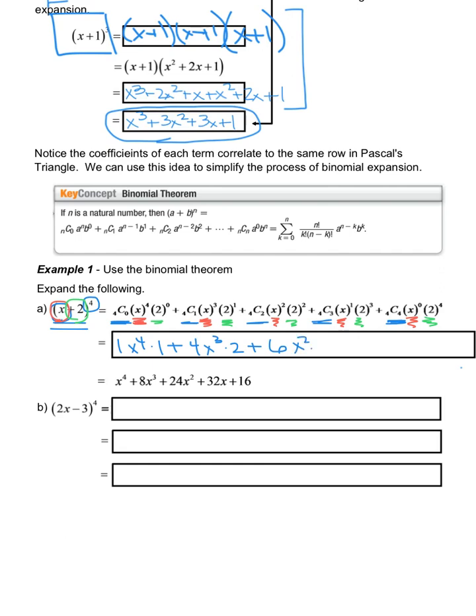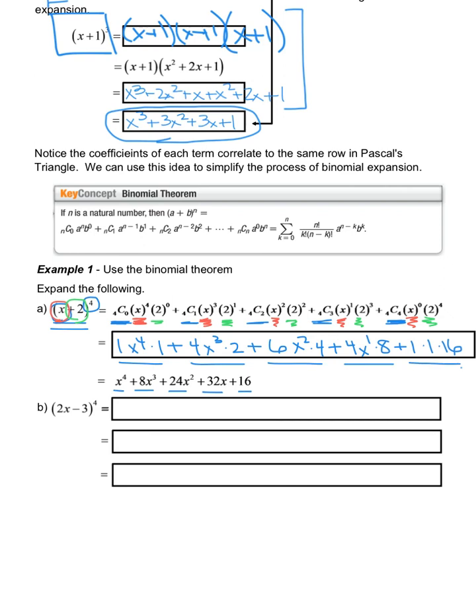X squared times 2 squared, which is 4. 4 choose 3 is 4 times x to the 1st times 2 cubed, which is 8. And then our very last term, 4 choose 4 is 1, x to the 0 is 1, and 2 to the 4th is 16. So when we look, we have an x to the 4th, 2 times 4, 8x cubed, 4 times 6 is 24x squared, 32x, and 1 times 1 and 16 is 16.